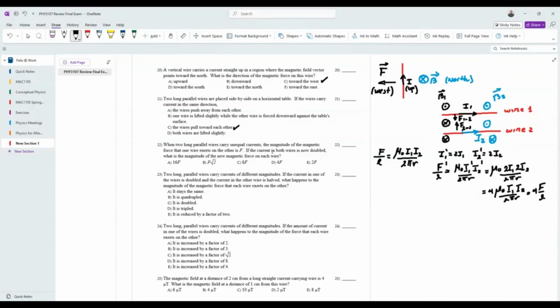So in this case, the right answer is 4 times F.